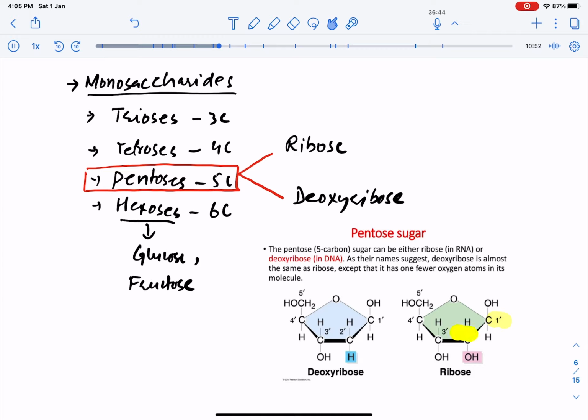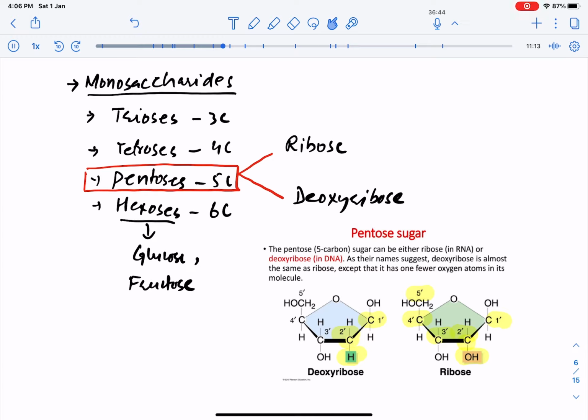Carbon number 2 in ribose has an OH group here, whereas carbon number 2 in deoxyribose sugar has a hydrogen instead of a hydroxyl group.